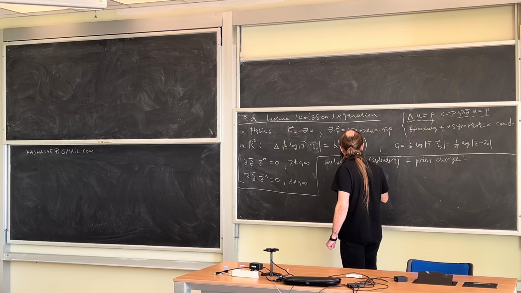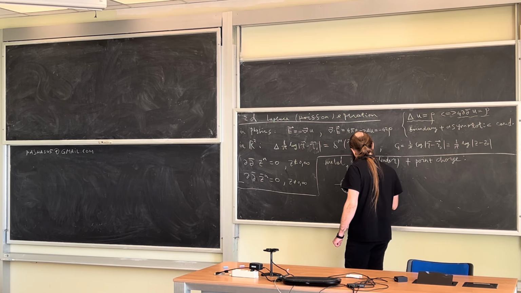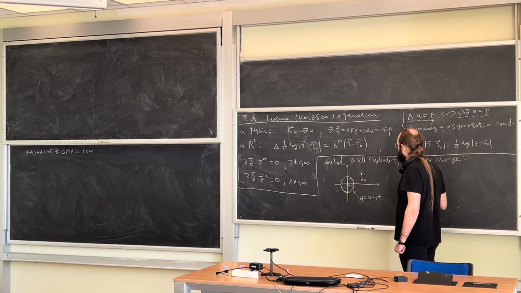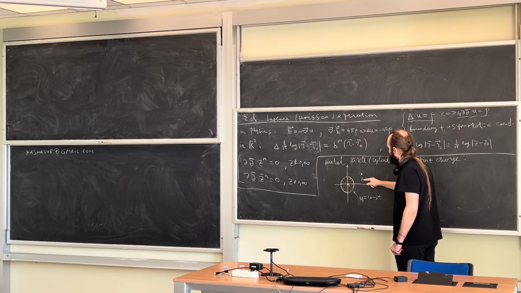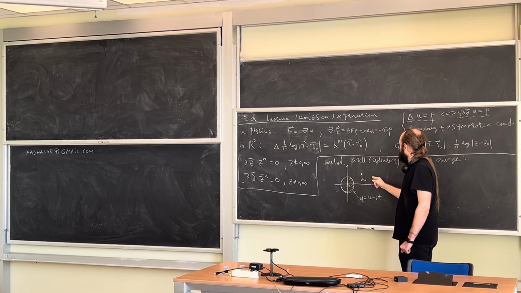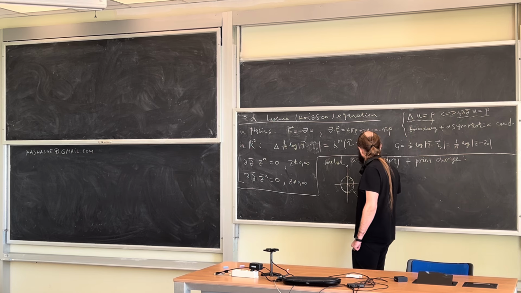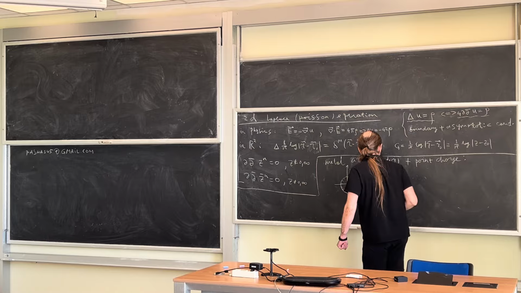We also have some charge at point z0 outside of this circle. And we say the charge of this circle is 0, which means the asymptotics of the solution at infinity is defined by this charge only. Let us say that this charge is Q.